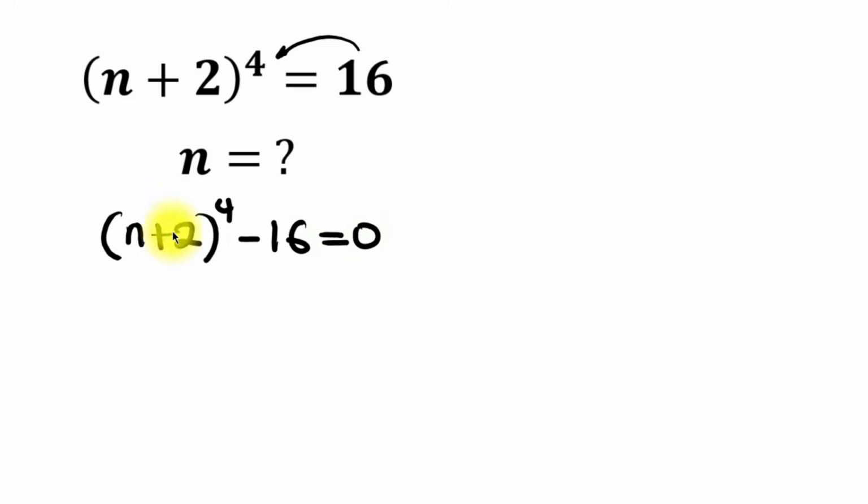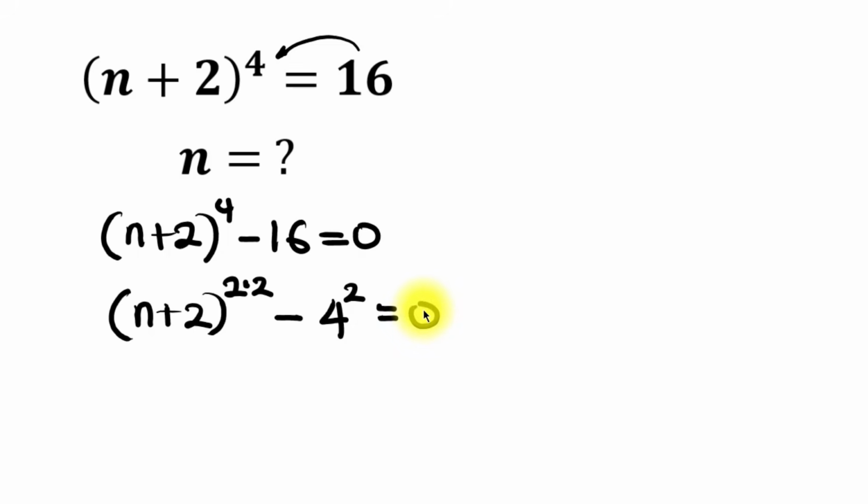We can simplify further. This expression can be written as (n + 2)^4 is the same as (n + 2)^2 times 2, right? Good. Minus. Now 16 is a perfect square, which means it can be written as 4 squared. And this is equal to 0.